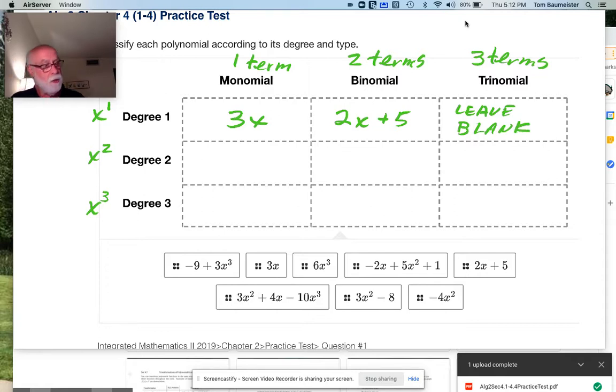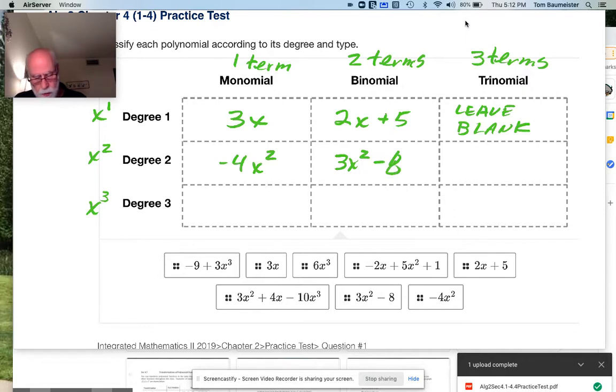All right, so now same thing, a monomial with the degree of 2. You should see that as negative 4x squared. With the binomial, so two terms with an x squared, you should see it's 3x squared minus 8.